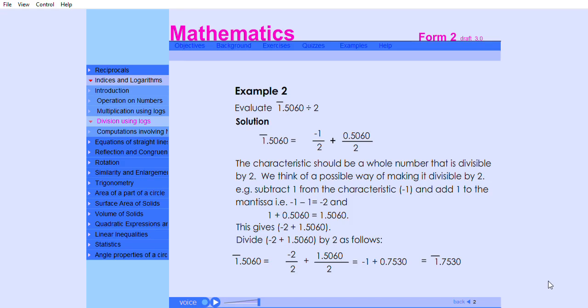That is, -1 minus 1 is equal to -2, and 1 plus 0.5060 is equal to 1.5060. This gives -2 plus 1.5060. Divide -2 plus 1.5060 by 2 as follows.